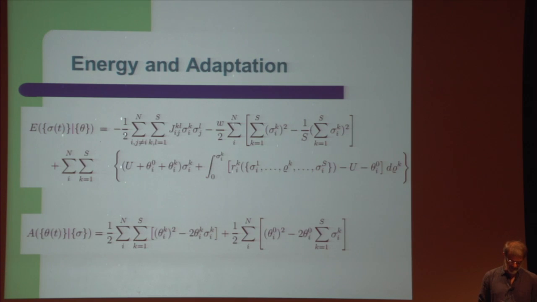However, we realized with Eleonora something that maybe many other people know as a trivial fact, that you can describe a system of this kind with two functionals, an analog of the energy and something that we call the adaptation functional, that are functionals of the Potts variables and of the thresholds that are treated as parameters.